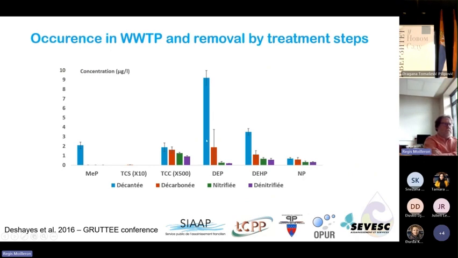So here, for example, you can see DEP and DEHP, which are phthalates. They are quite eliminated in the biological treatment, but other compounds like alkylphenols, nonylphenols here, NP, are not well removed, and so they are in high concentrations, around the microgram per liter in the wastewater effluent.